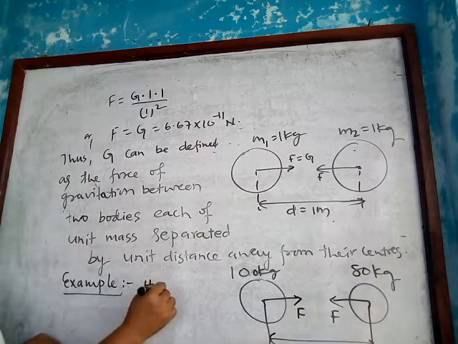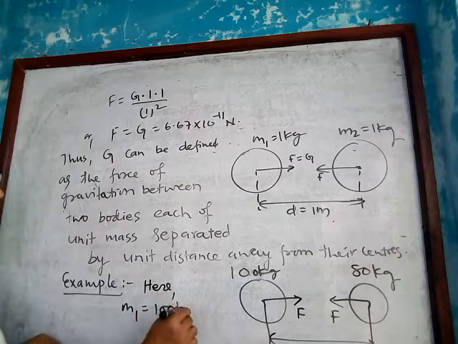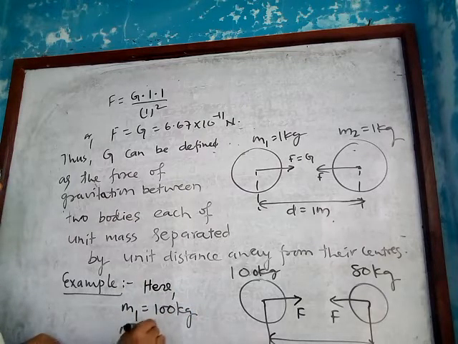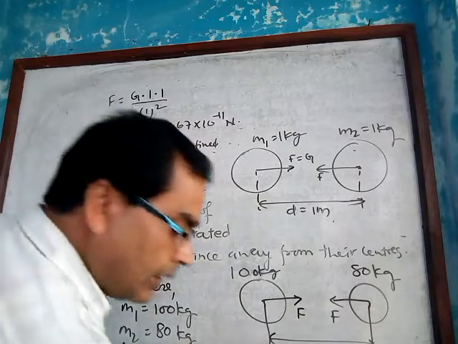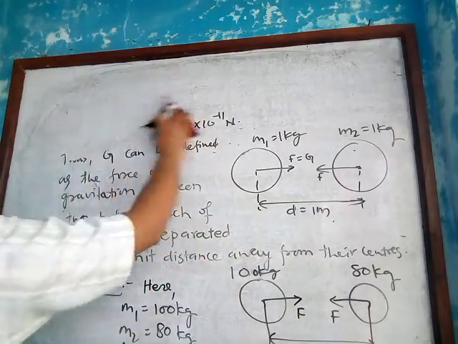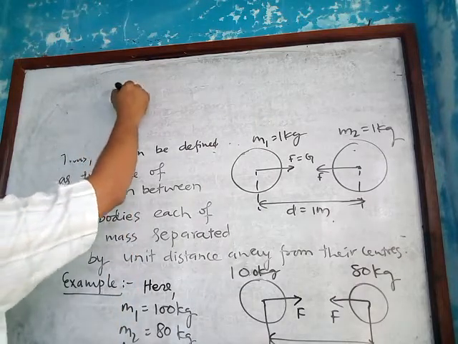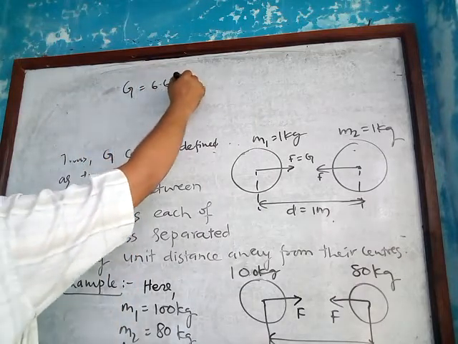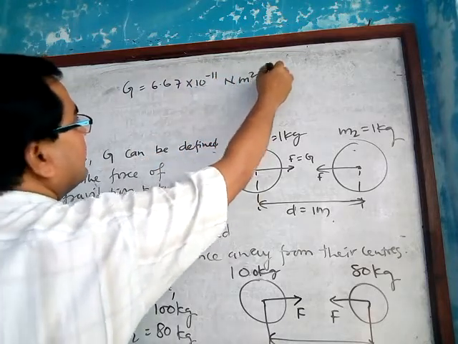Here M1 equals 100 kg, M2 equals 80 kg, d is equal to 1 meter, and we know the value of G is 6.67 into 10 to the power minus 11 Newton meter square per kg square.